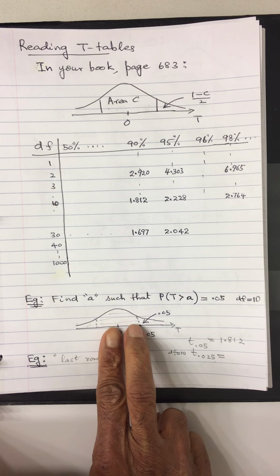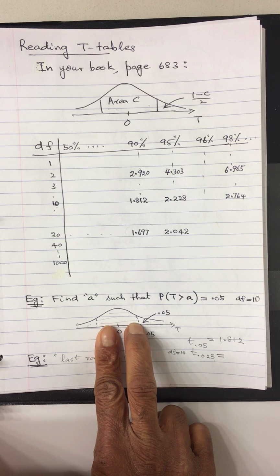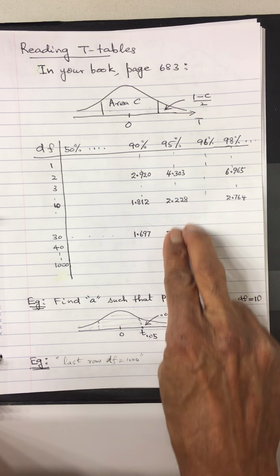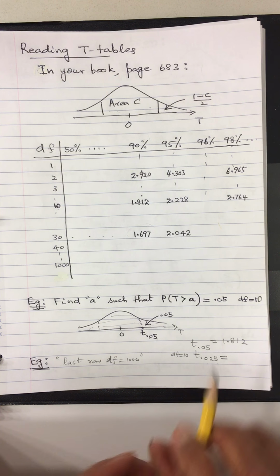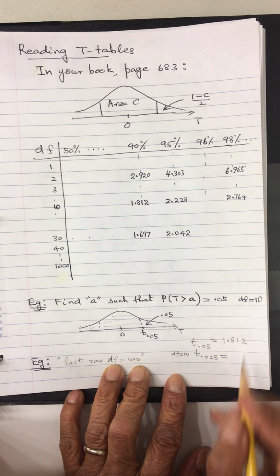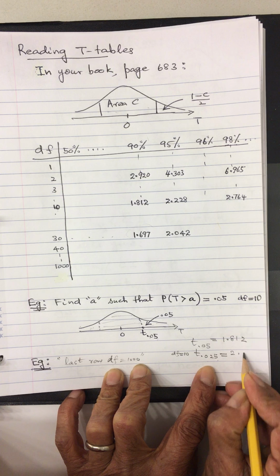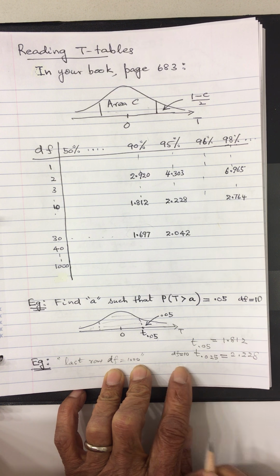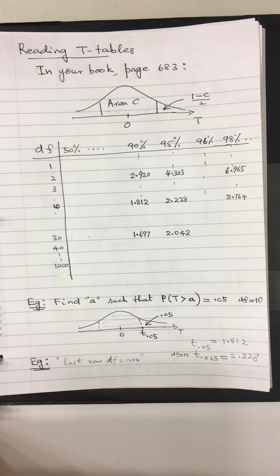Within that should be 95%, so you need to look at this column. Essentially your value is going to be 2.228. All right, so that's how you read the t table.